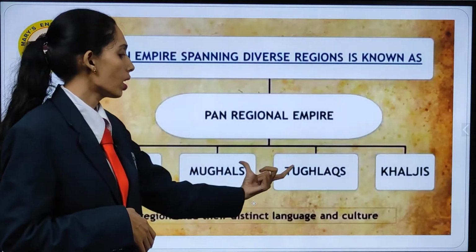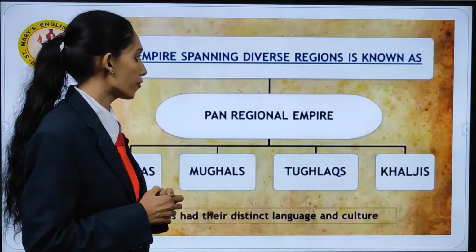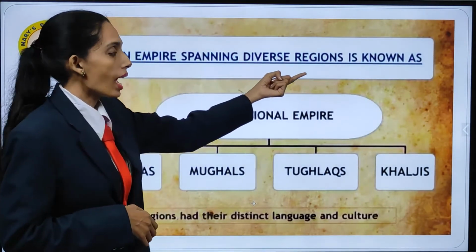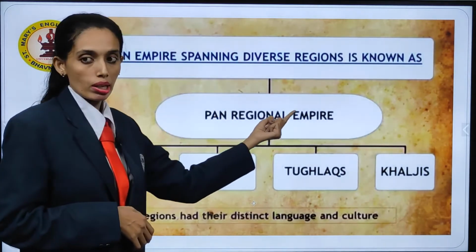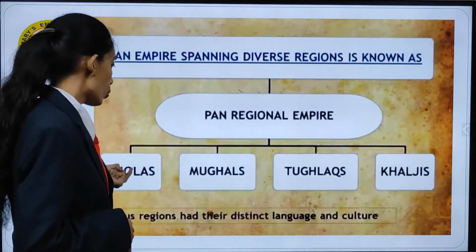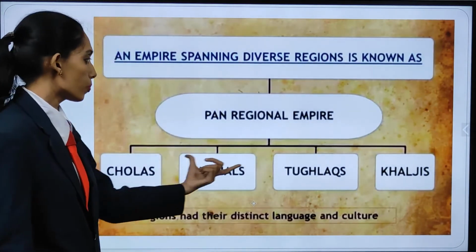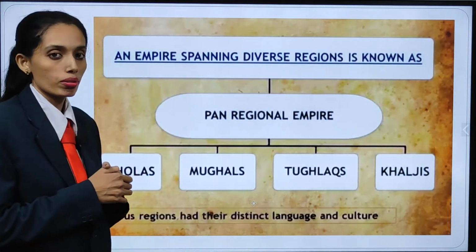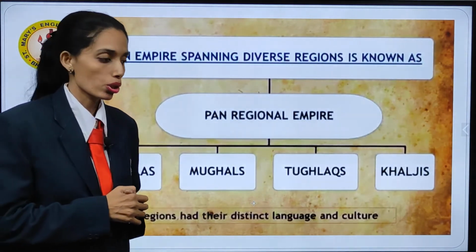Cholas, Mughals, Tughlaqs, Khaljis, these people were ruling from before. An empire spanning diverse regions is known as a pan-regional empire. Cholas, Mughals, Tughlaqs, Khaljis, all were included in this diverse region, and they had different languages and cultures.